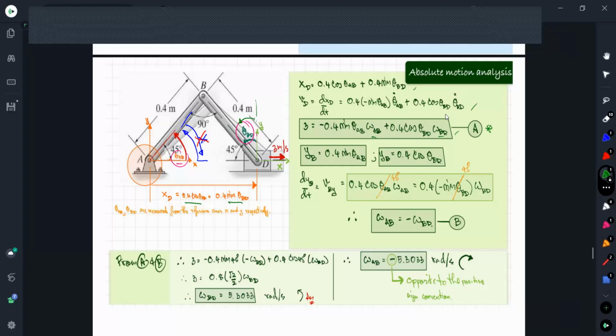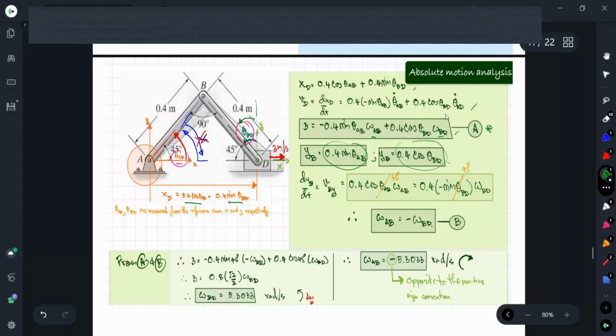And we consider YB. YB is equal to 0.4 sine theta AB, and also equal to 0.4 cosine theta BD. We take the first derivative of YB to get VBY. For the case that we use theta AB, we have 0.4 cosine theta AB omega AB.